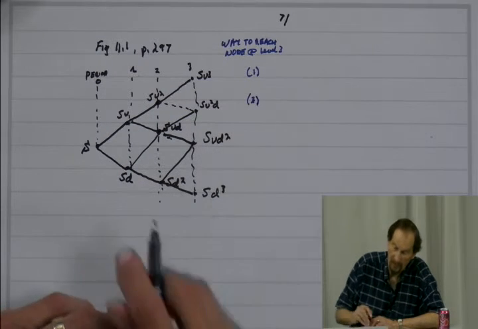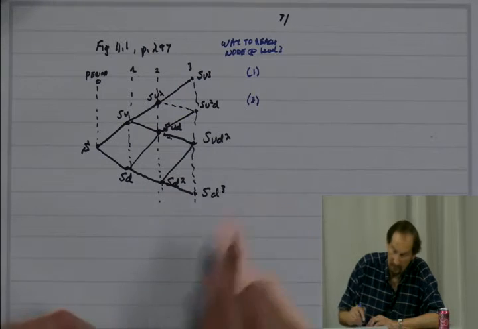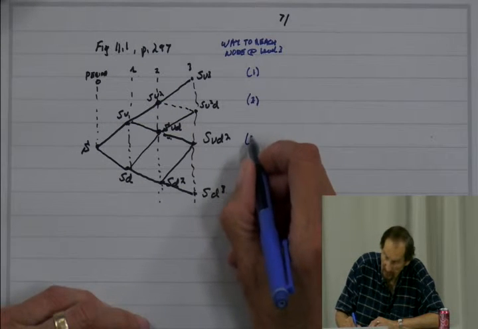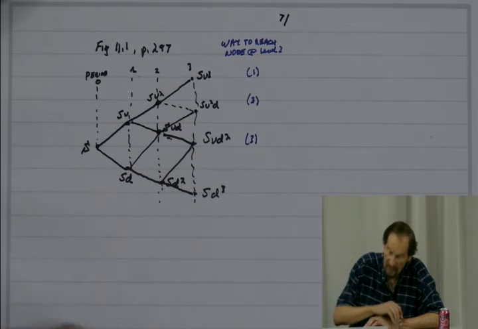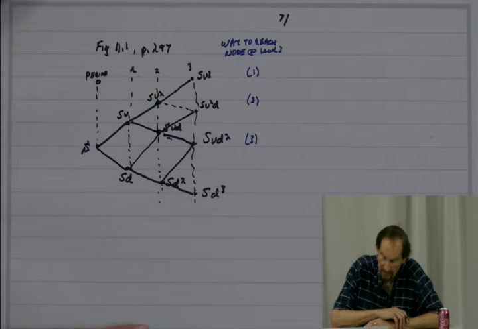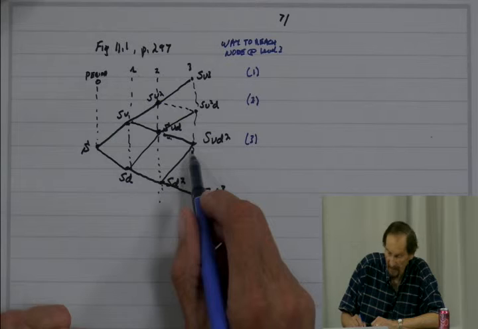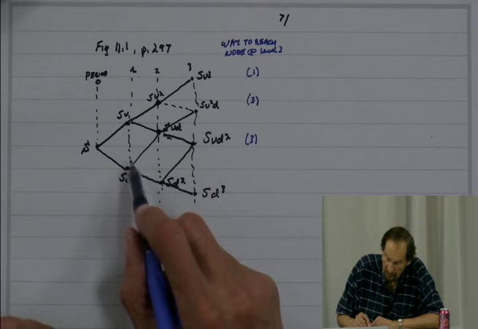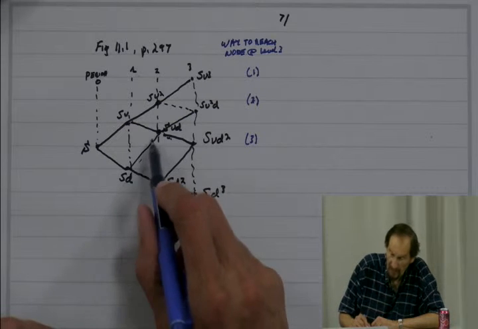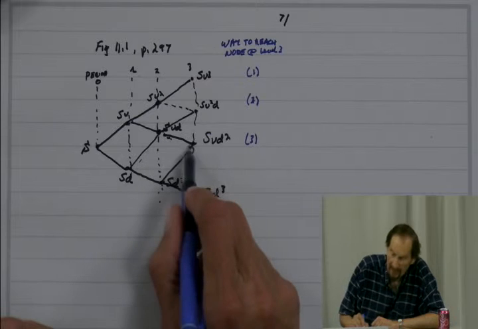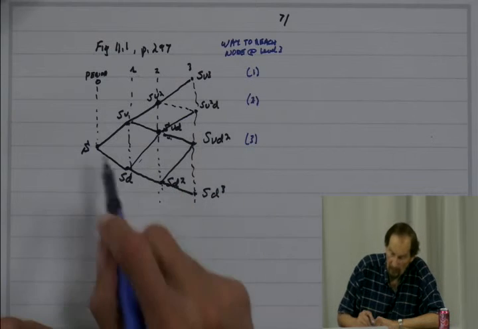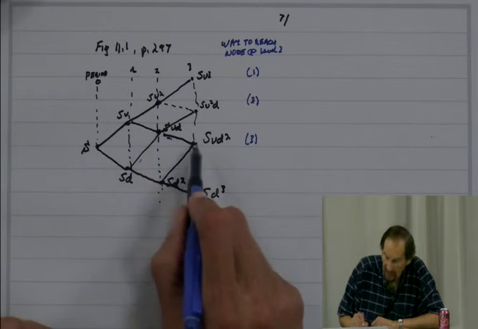Likewise, there are 3 ways to reach SUD squared. Okay, how can we do that? We can go down, down, and then an up. Or we can go down, up, and then a down. Or we can go up, down, down.